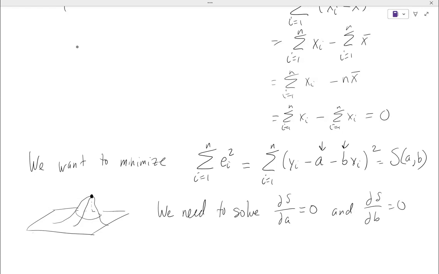I need a critical number with respect to x and a critical number with respect to y, but in this case my x and y are my a and b. So this is a system that we need to solve.